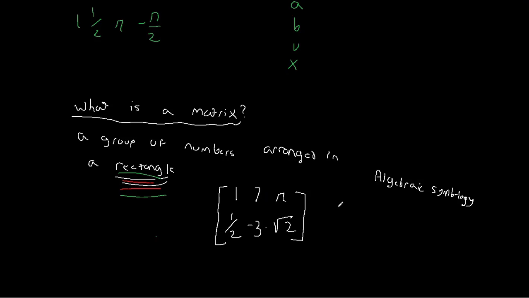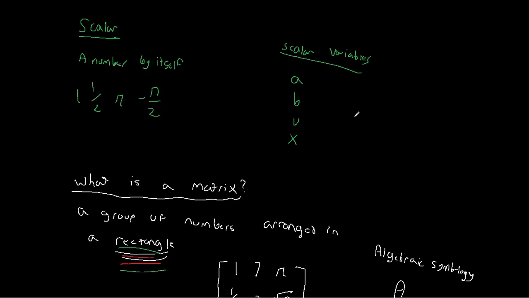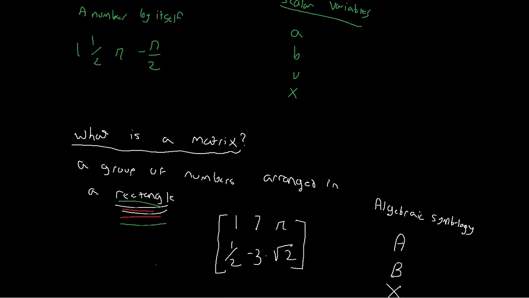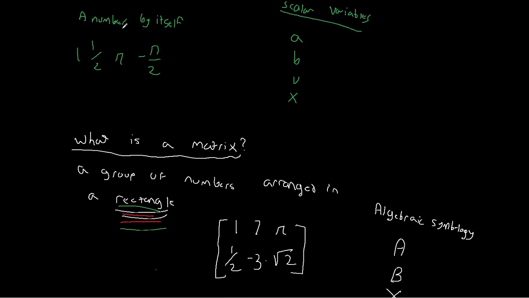Right, when we talk about a matrix in equations, we will typically see them using capital letters like A, B, capital X, right? So scalars, if I can scroll up here for just a second to the previous video's notes, we said that scalars were just a number by themselves, right? 1, 1/2, -pi/2.